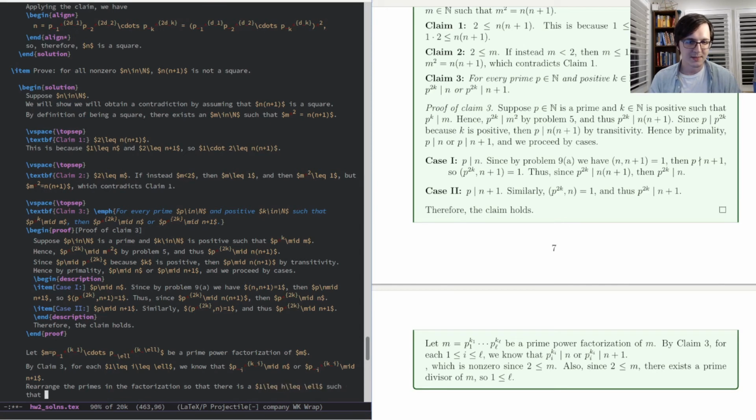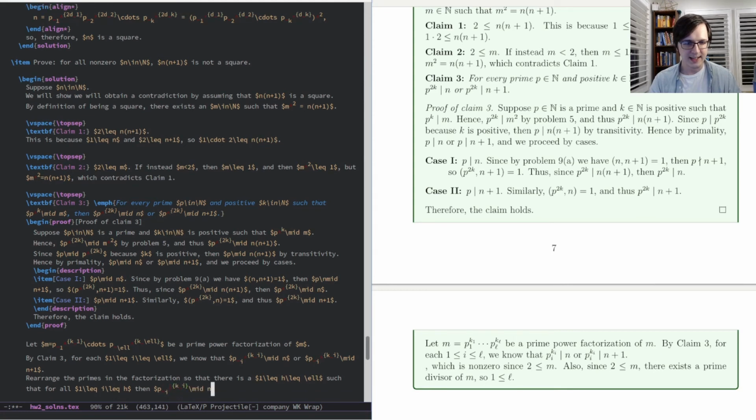Such that, I'm just saying we sort it so that for all 1 less than or equal to i less than or equal to h, then p_i to the k_i divides n, and for all h plus 1 less than or equal to i less than or equal to, oh wait, might be 0.